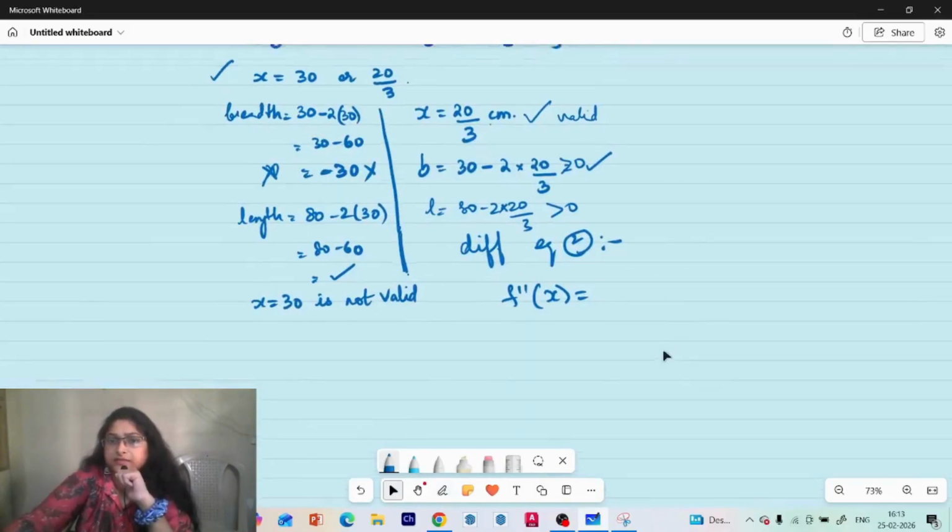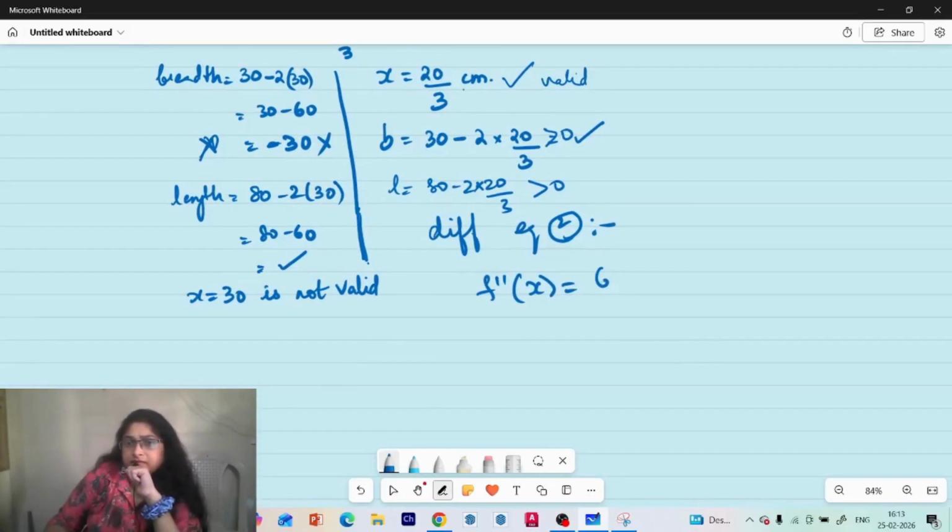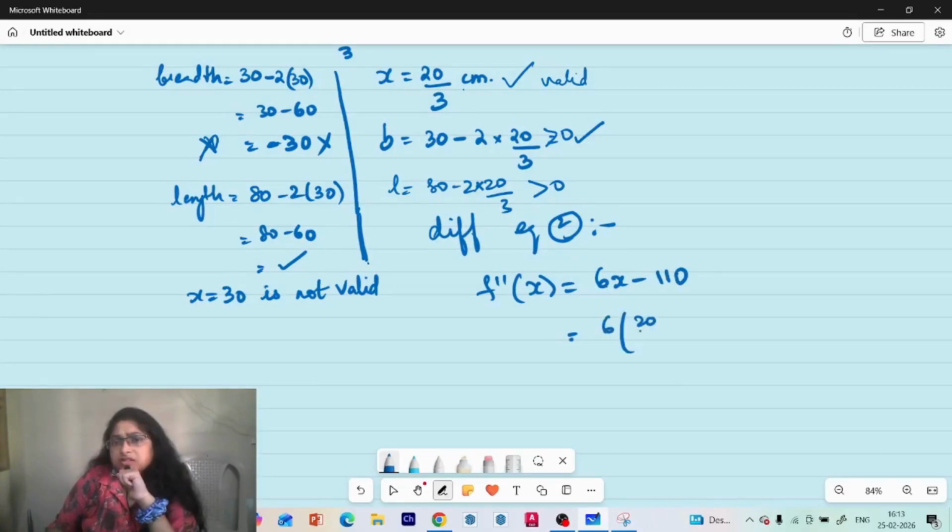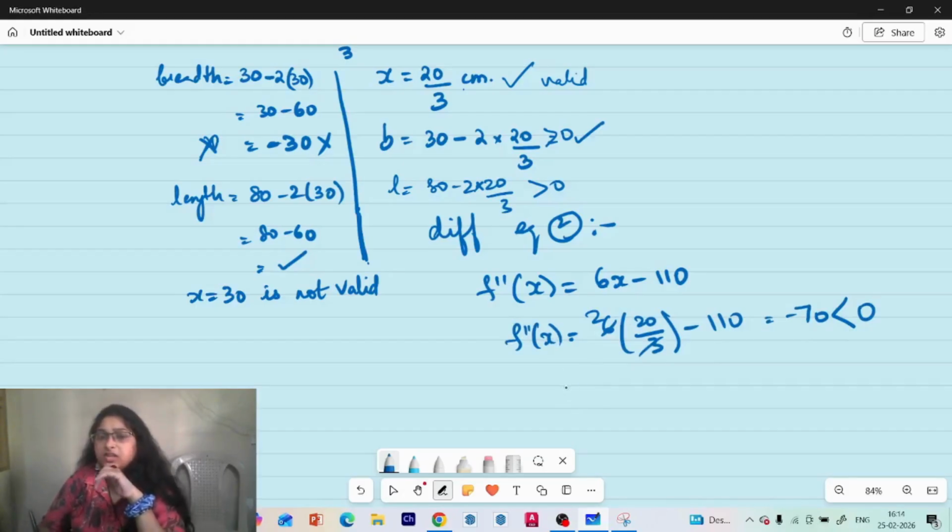So 6 into 20 by 3 minus 110 is 40 minus 110, which is minus 70, definitely negative. If f double dash is negative, it is a maxima at x is equal to 20 by 3.